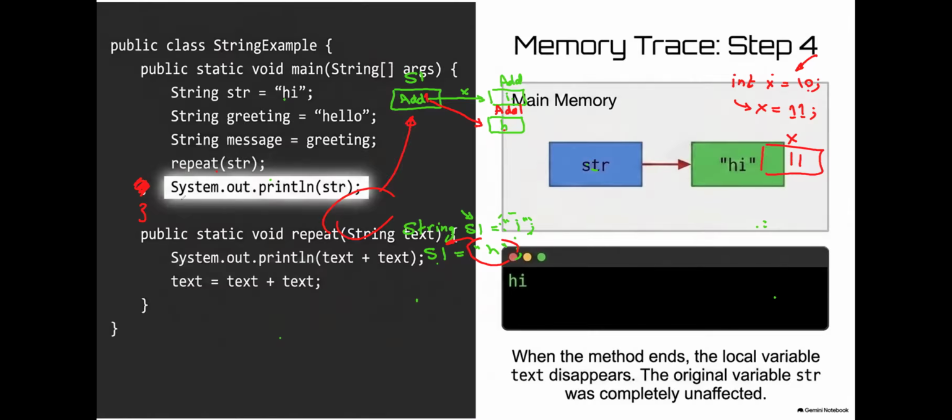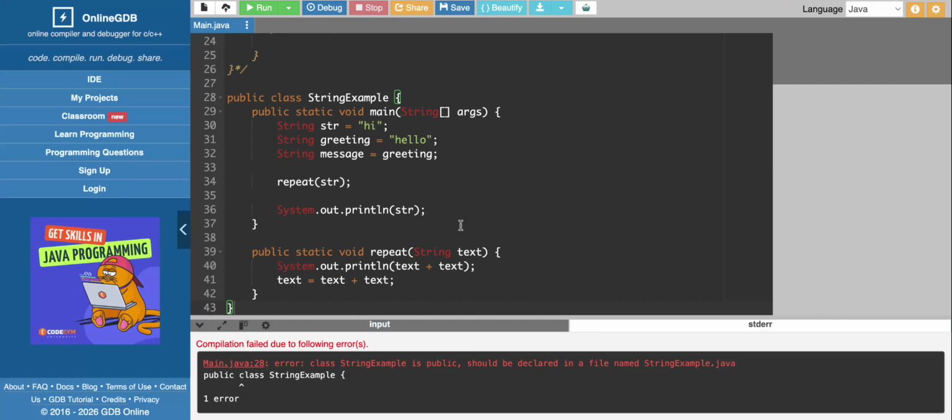I have copied. Okay, so did you run? When I run, it says there is an error. Okay, share with me the code. It should be declared in a file named StringExample, I think.